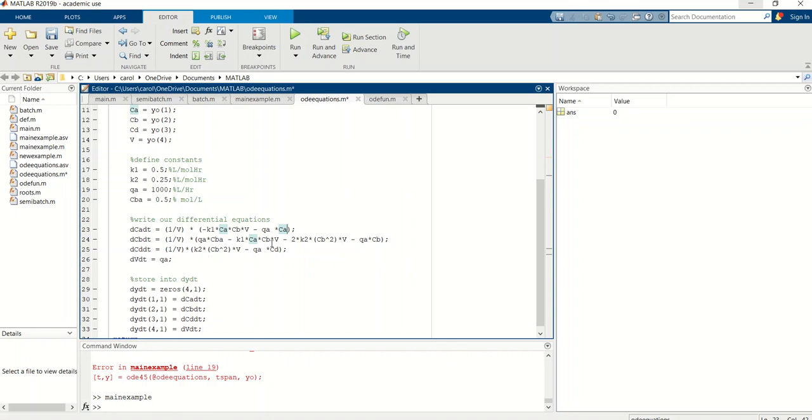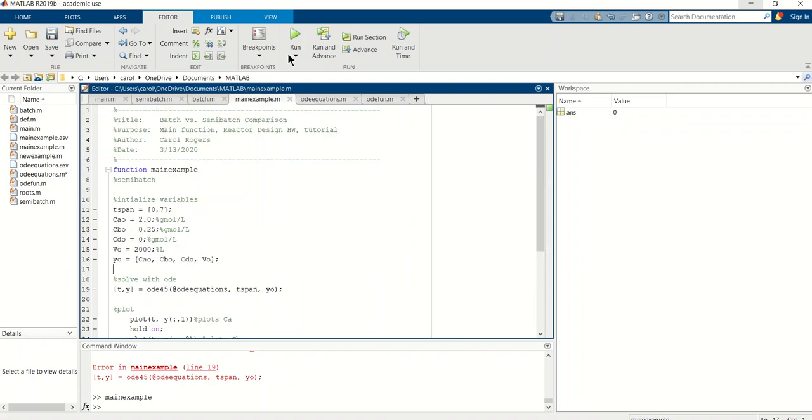It's not supposed to know how to do the actual calculus and how to do the actual chemical engineering behind all of this. So 2 times K2 times CB squared. That all looks right to me, so we'll go ahead and test it now and see if that fixed it.